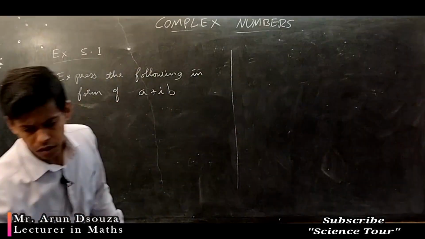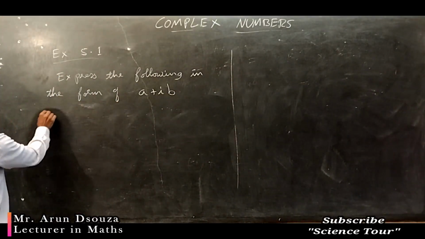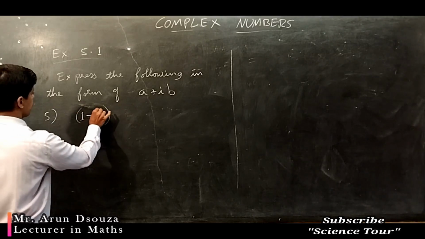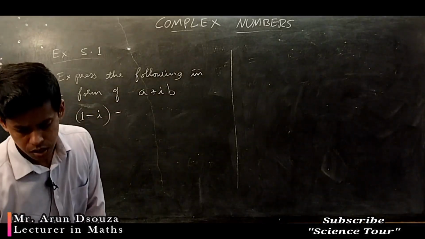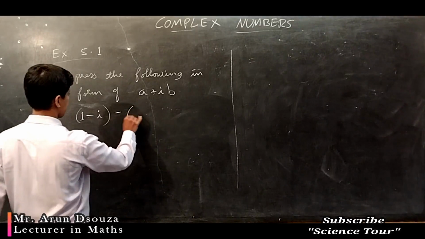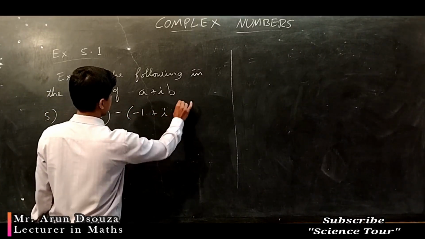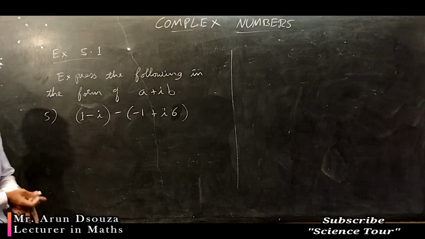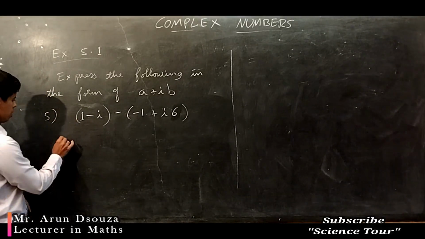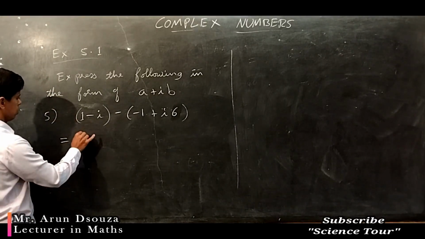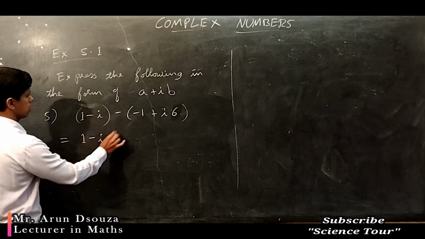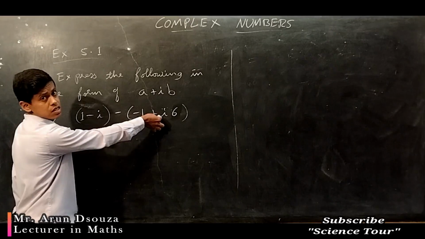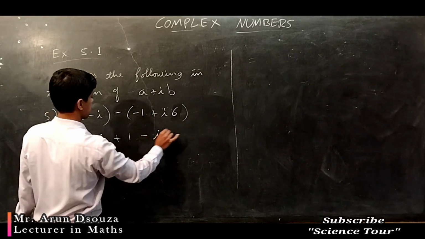The next problem is you have 1 minus I and then minus 1 plus I into 6. Okay, so these are all very easy problems of your primary level. So you have to remove the brackets. So minus into minus you will get plus 1, minus into plus you will get minus.